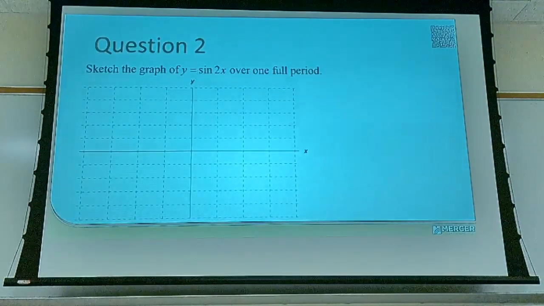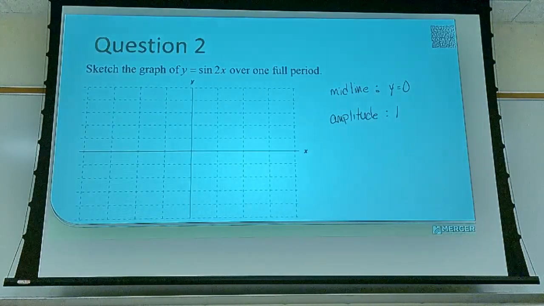Sine of 2x. Midline, once again, is the x-axis. Amplitude is 1.